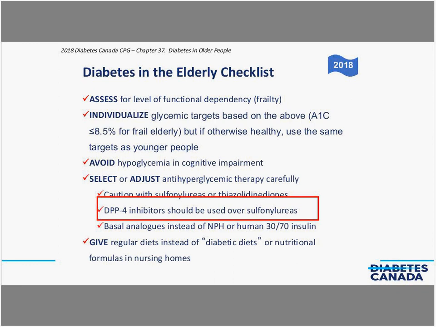So, for example, linagliptin can be used down to a GFR of 15 or less, actually. So perfectly safe to use in that setting.